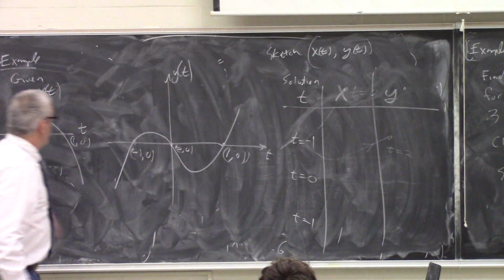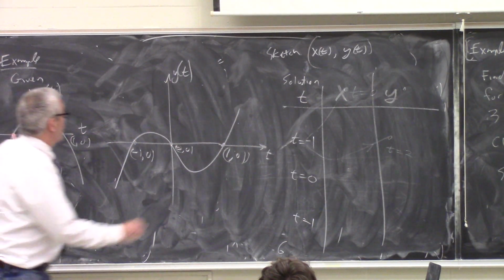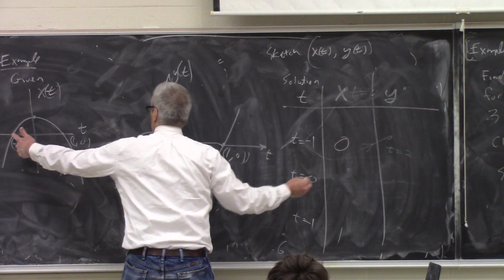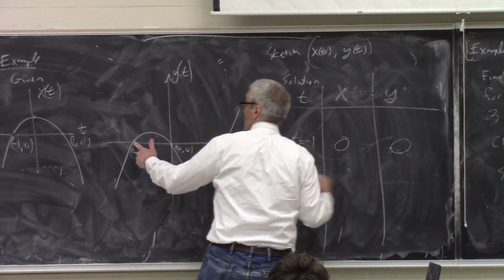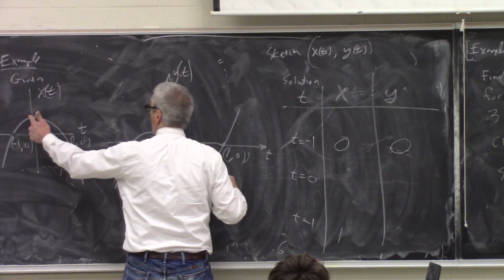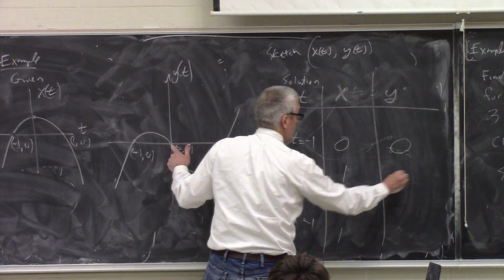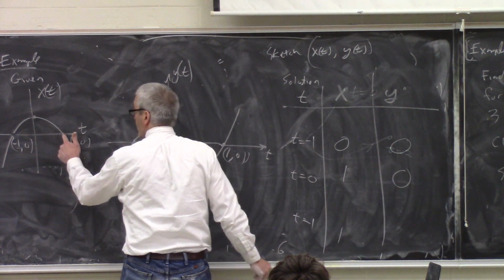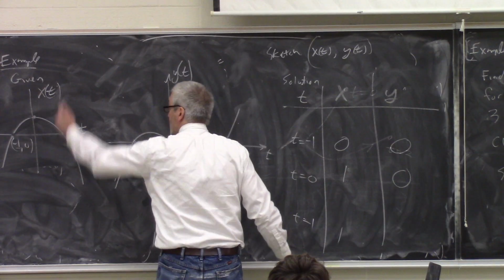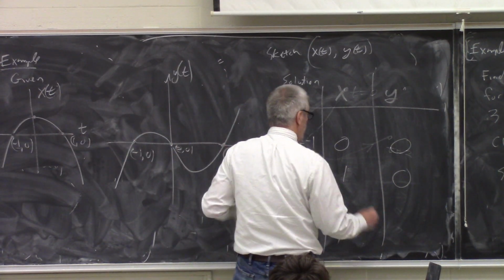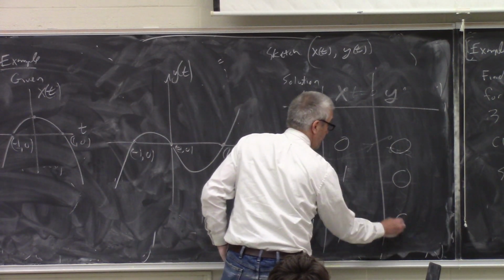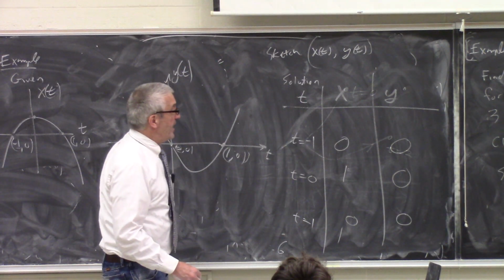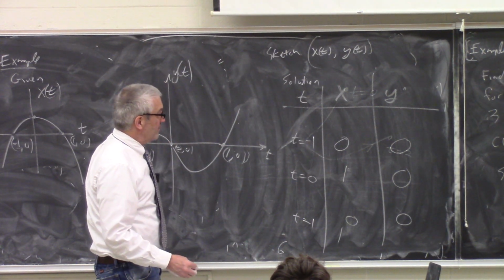At those points, at -1, x is 0, and y is 0. At time 0, x is 1, and y is 0. At time 1, x is 0, and y is also 0. So we've already got 3 data points on our graph, 0, 0, 1, 0, and 0, 0.